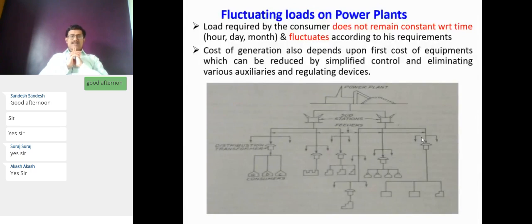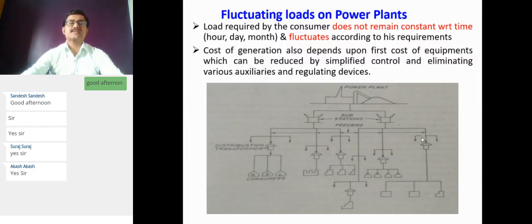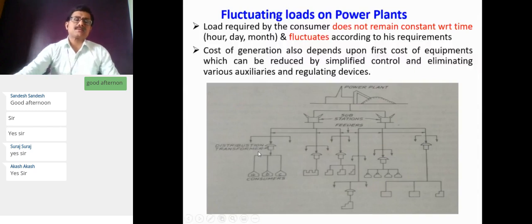Then primary substations, which are nothing but the primary distribution centers. From the substation, through different feeders, the electricity is then transmitted or distributed to the transformers, and these transformers are connected to the different consumers, isn't it? On the left hand side it is shown the distribution transformer. In a particular area you will find a distribution transformer, and that distributes the power to some 100 or 200 different customers.